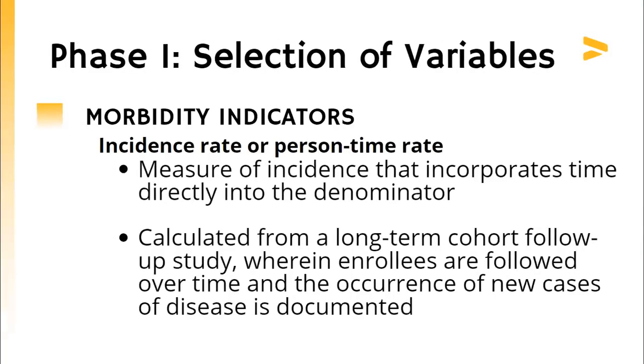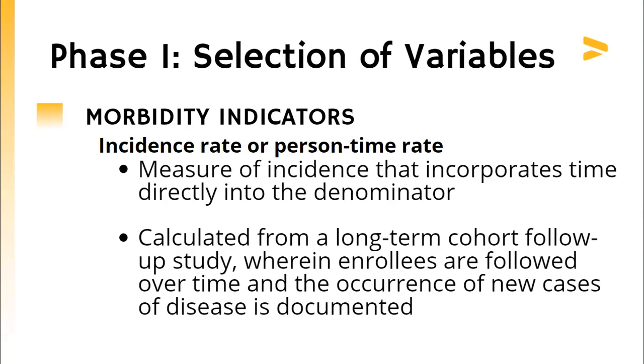So another indicator of morbidity is what we call incidence rate or person time rate. This measure of incidence incorporates time directly into the denominator.